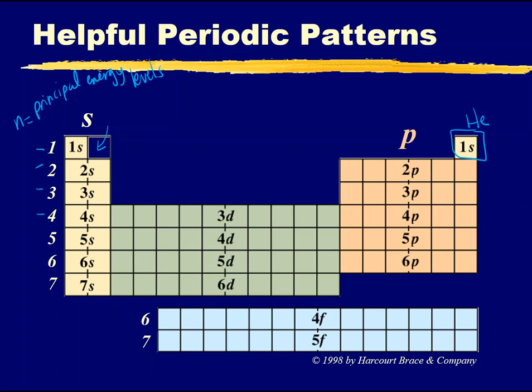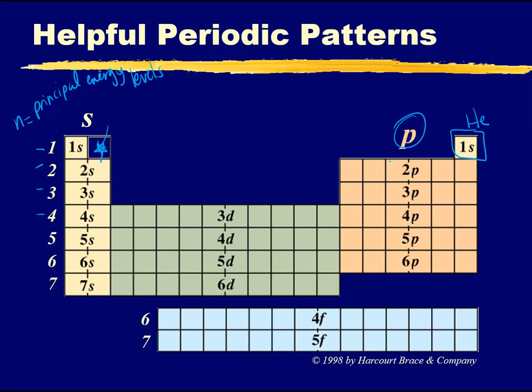So they put it in the noble gas column because it behaves more like a noble gas, although technically, because it has 2 valence electrons, it could go over there in this slot. So it is considered part of the S block, and it's part of that 1s row.